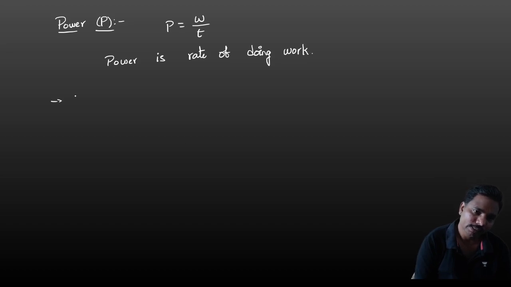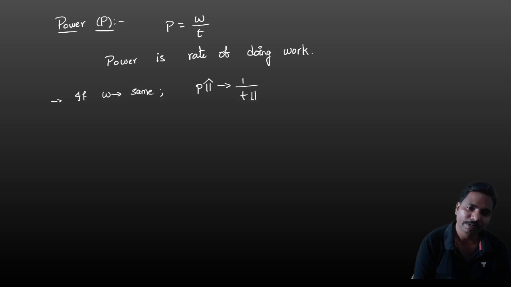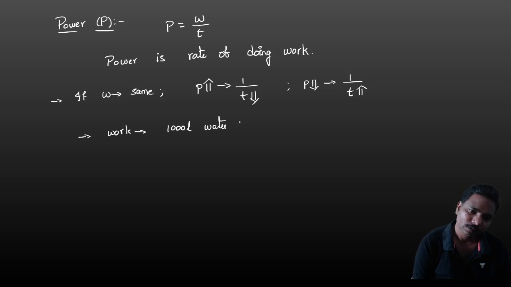If the work is the same, power is inversely proportional to time. That means if the power is high, you can complete the work in less time; if the power is low, it takes very high time. For example, suppose we have to fill a 1000-liter water tank.